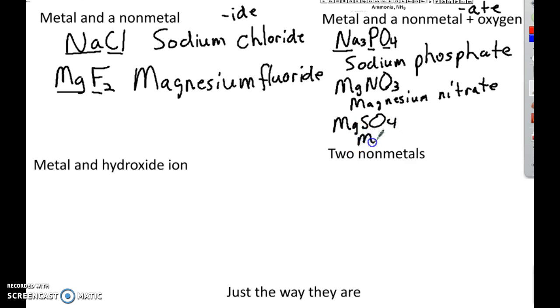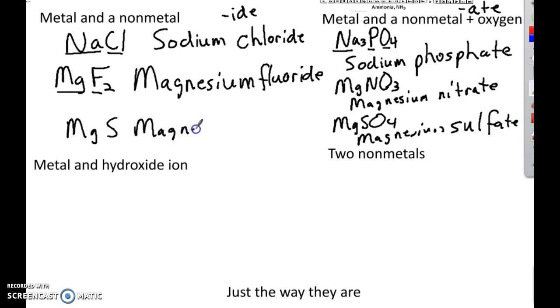This once again would be magnesium, but SO4 on the end is sulfur, but with an ATE on the end of it. So instead of sulfur, we have sulfate. Now, if it was just MgS, that would be magnesium sulfide, because IDE tells you it's just two elements stuck together. ATE tells you it's a nonmetal that's joined up with oxygen, and that's where the ATEs come from.